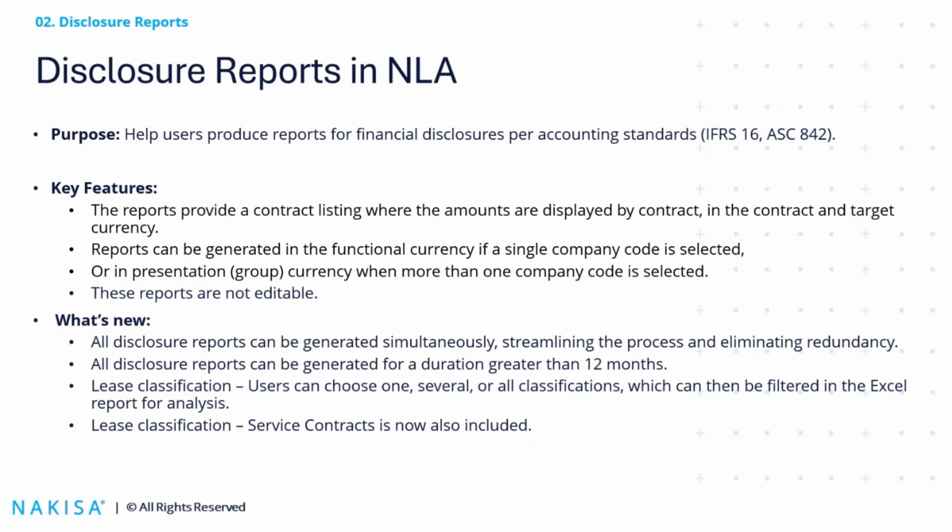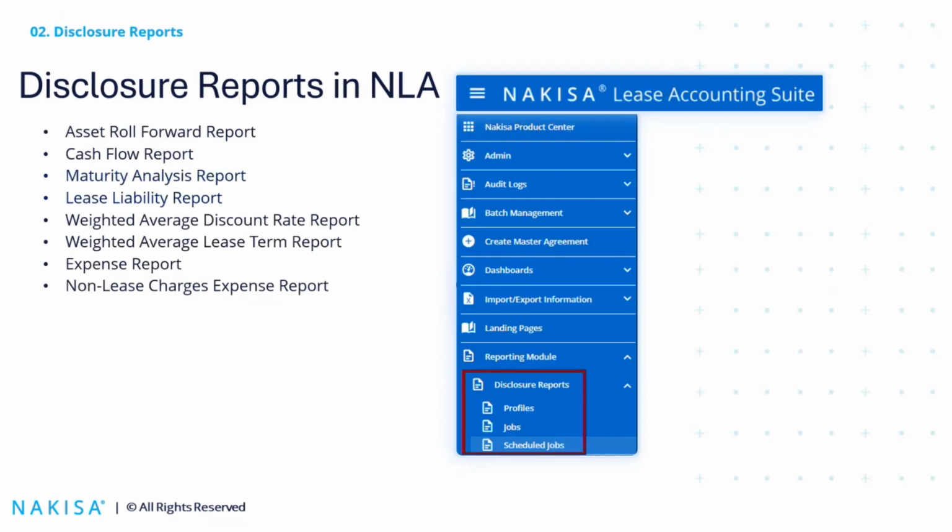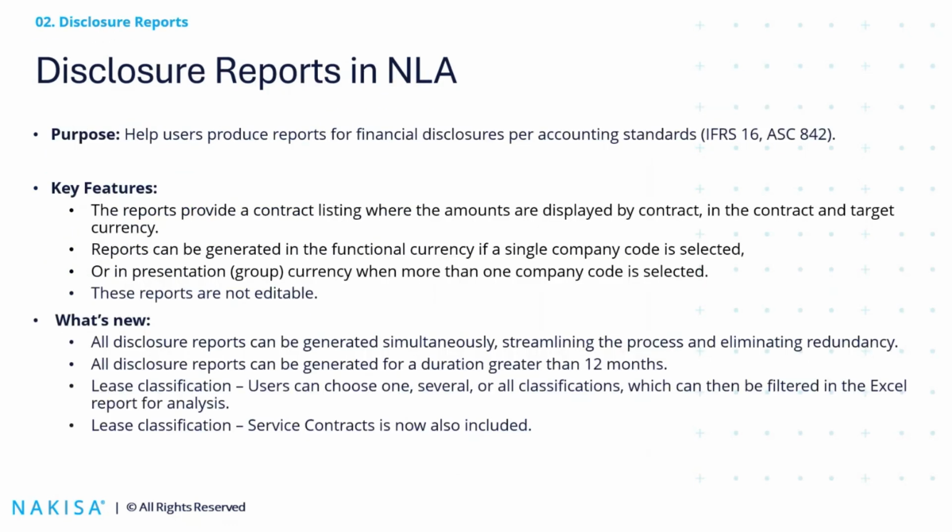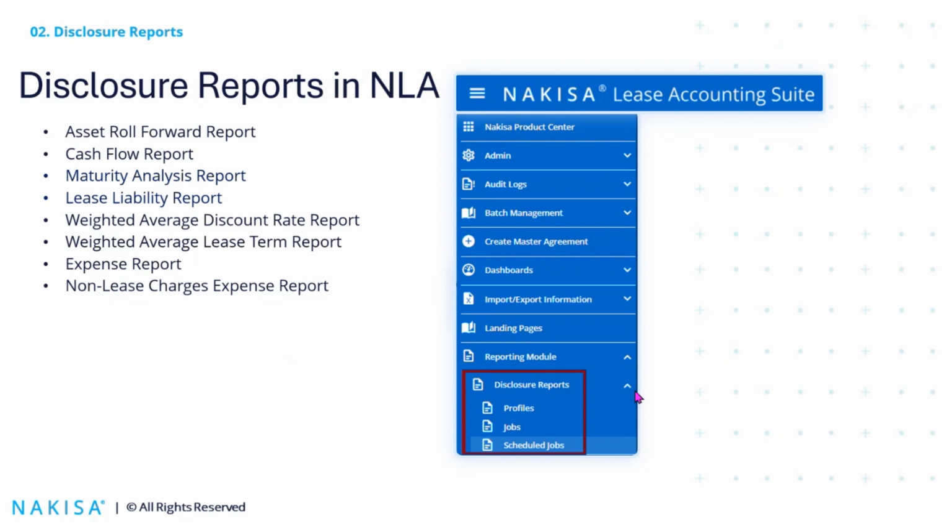You can choose one, multiple, or all the classifications, which can be filtered in the Excel report for analysis later. Classification for service contracts is also included now in the disclosure report. Obviously, it will change a bit based on what is seen for the service contracts. I have slides to show you further down.